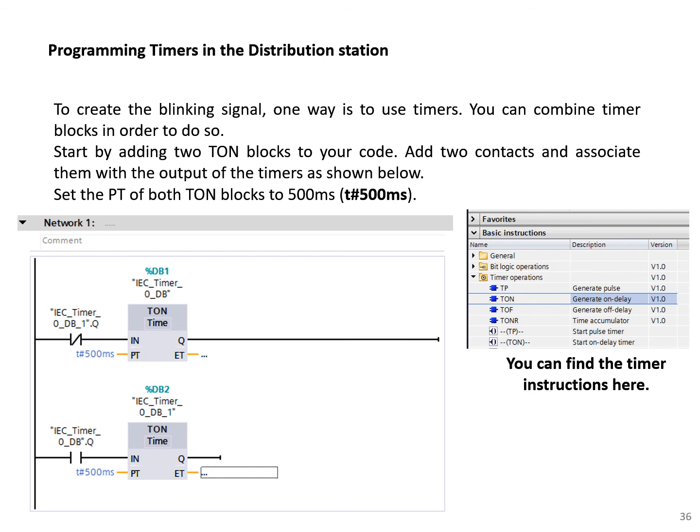Set the PT, or preset time, of both on-delay timer blocks to 500 milliseconds, which is equal to 0.5 second. How could you do that? You should type T#500ms here.